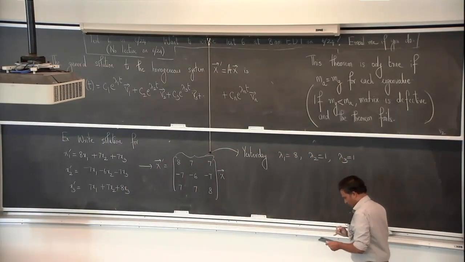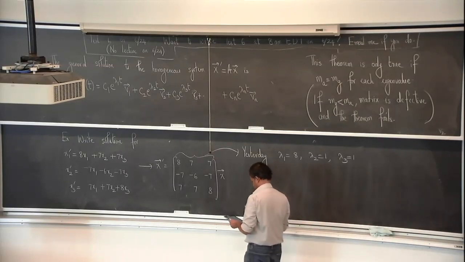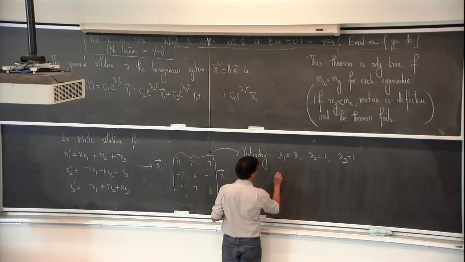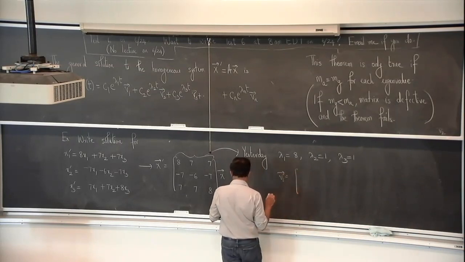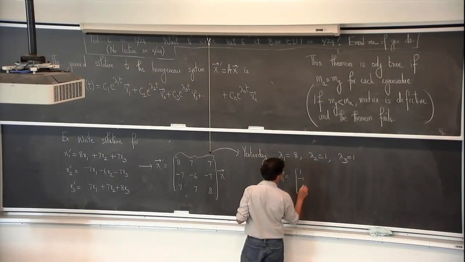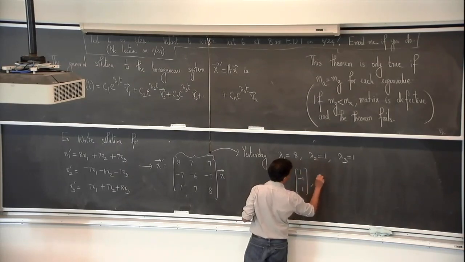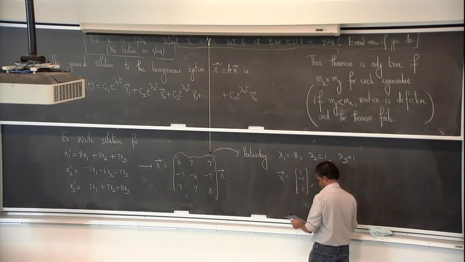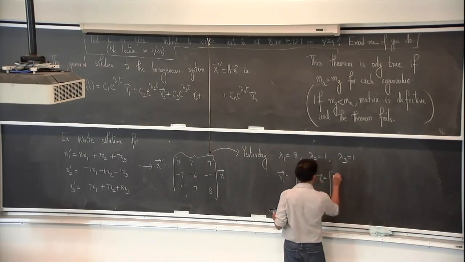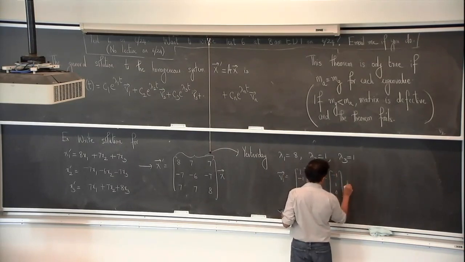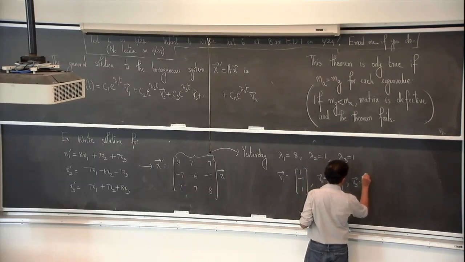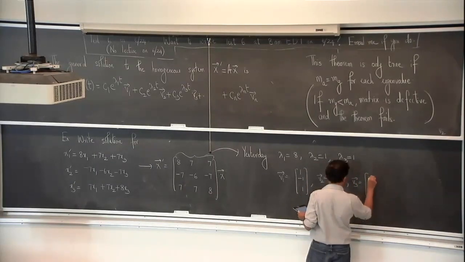And the corresponding eigenvectors were v1 equal to (1, -1, 1), v2 equal to (-1, 1, 0), and v3 equal to (-1, 0, 1).